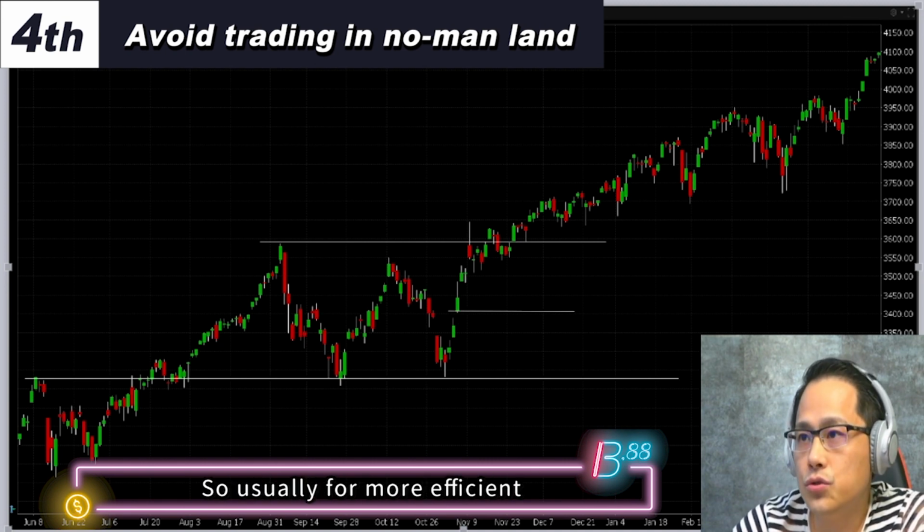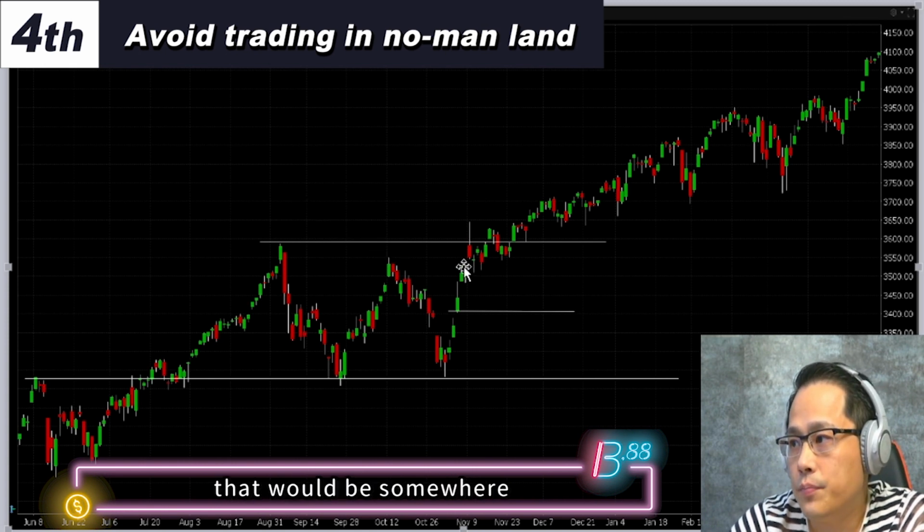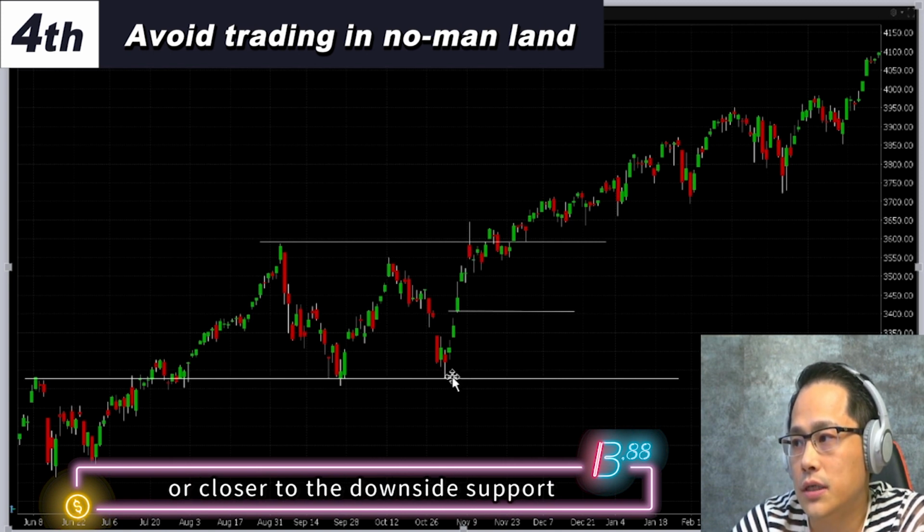So usually a more efficient entry and exit point would be somewhere closer to the upside resistance or closer to the downside support.